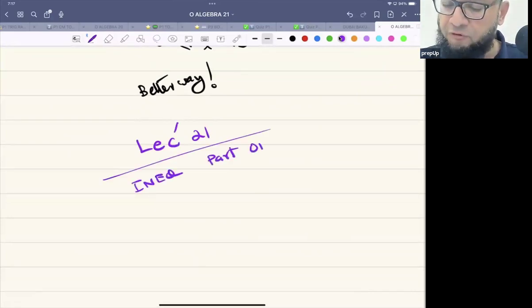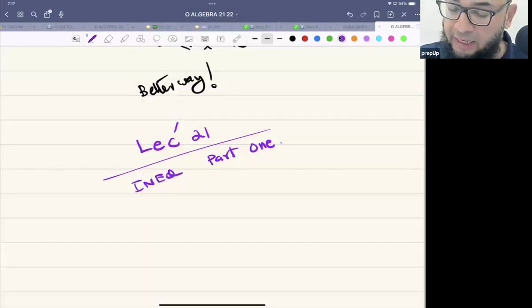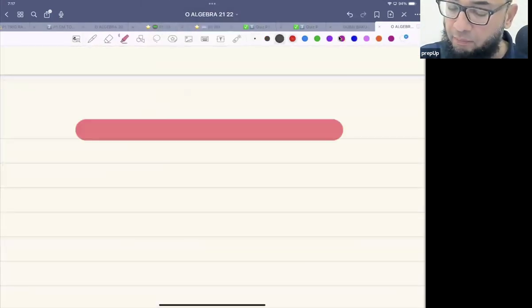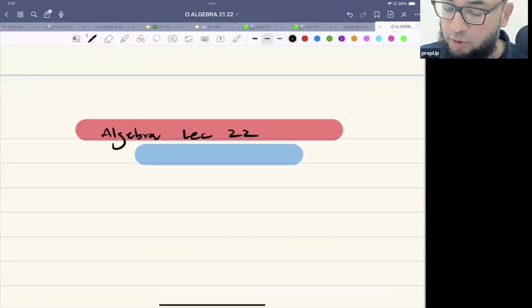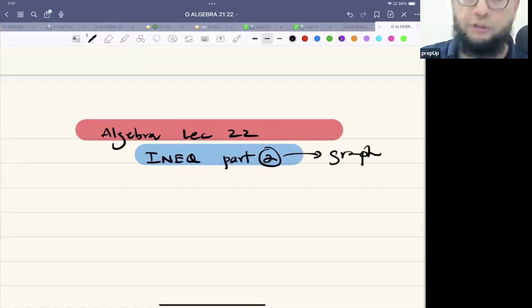From now on, let me just draw this and write algebra lecture number 22, and this is inequality part 2, in which we'll be using the concept of graph also. So till the next class, take care.